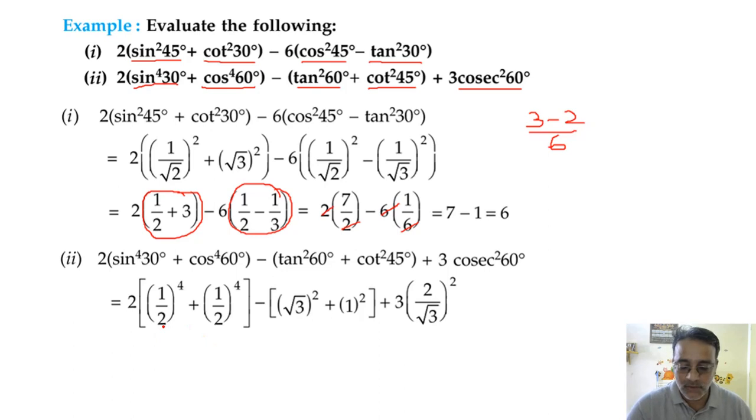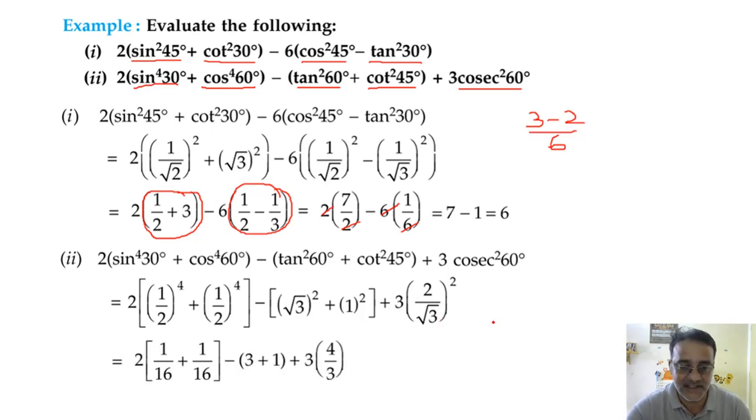Now 1 by 2 whole to the power 4 will be how much? 1 by 16, plus this is also 1 by 16. This will become 3 and this will become 1, and 2 by root 3 whole square will become 4 by 3.